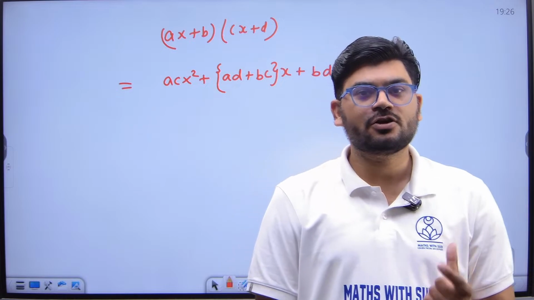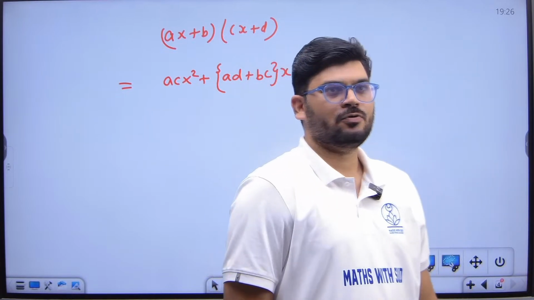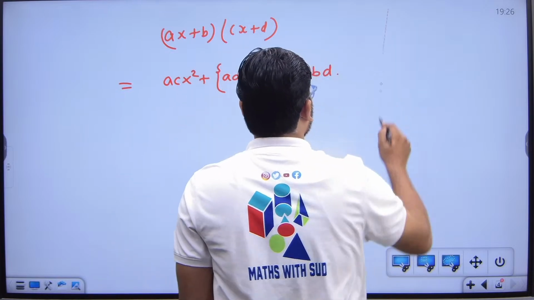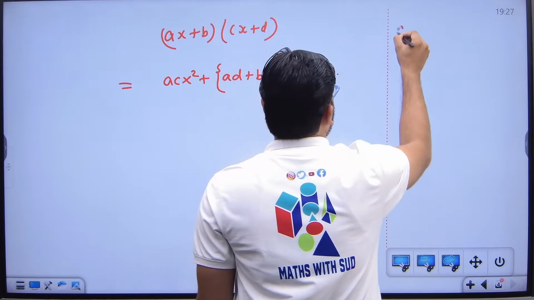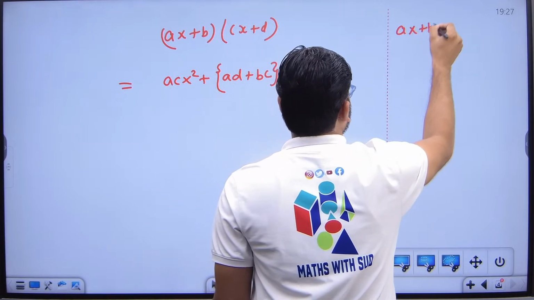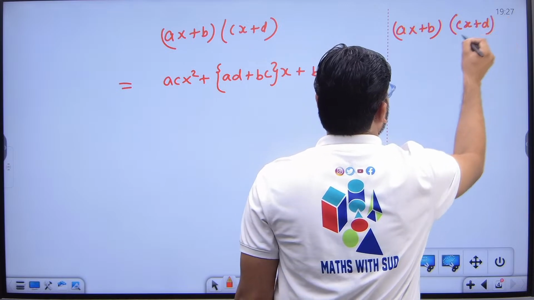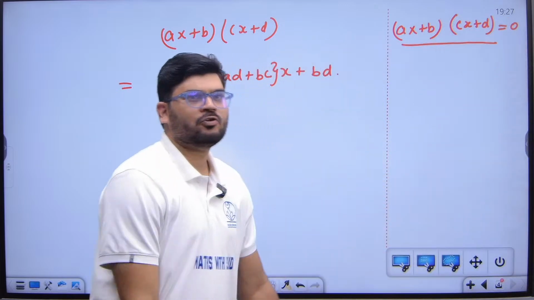When I say zeros of the polynomial, it means the value of the whole polynomial is 0. So I want a number which will make this polynomial 0, meaning when I multiply them, it could become 0.